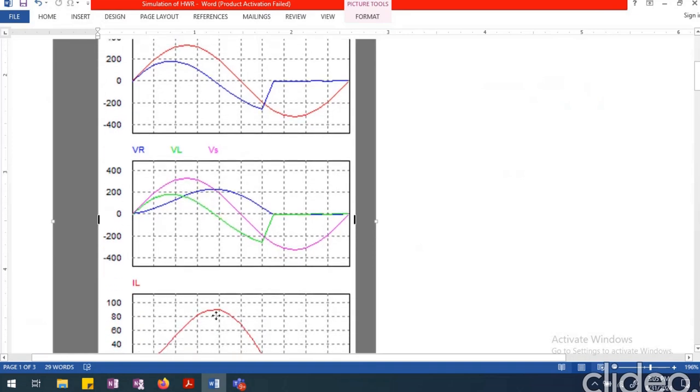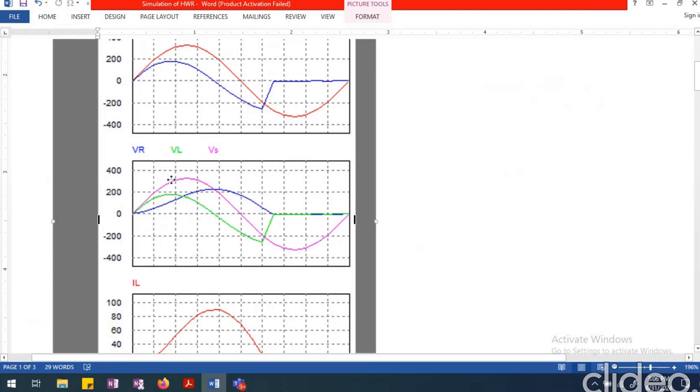The current peaks somewhere here, where the IR drop meets Vs. Whatever is the difference between VR and Vs, the source voltage and the resistance voltage, that happens to be the inductance voltage. Here the source voltage and resistance voltage are both zero, so the inductance voltage is also zero.